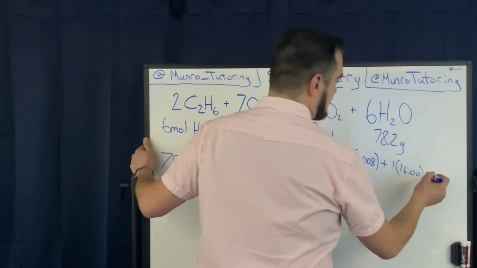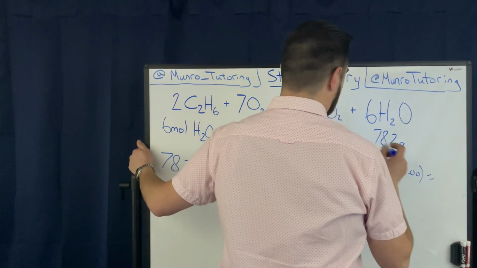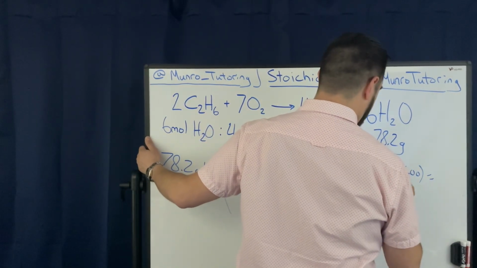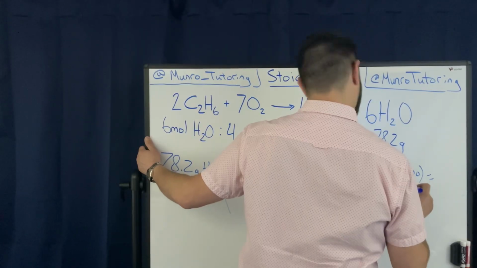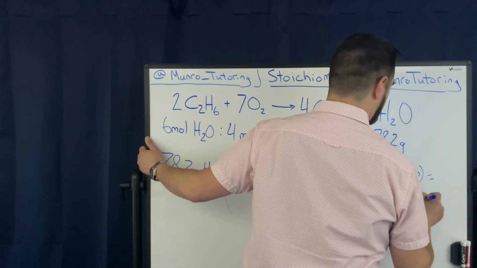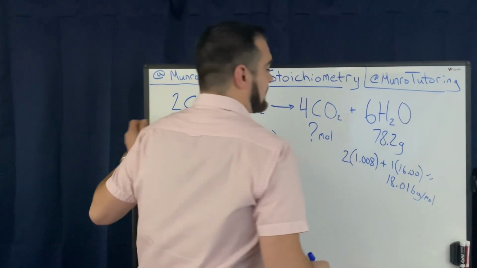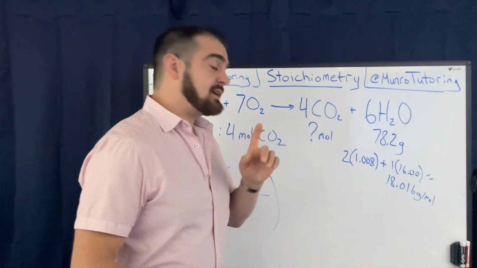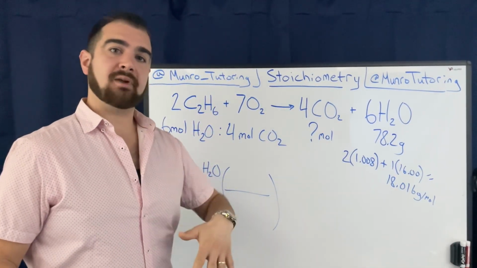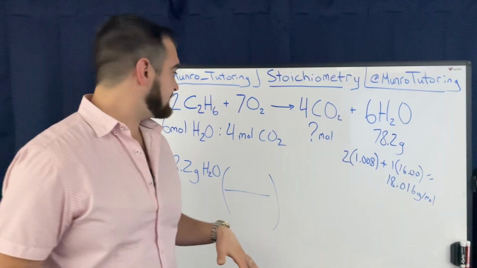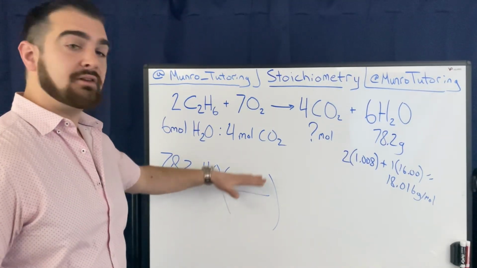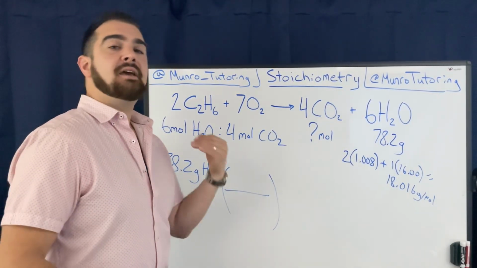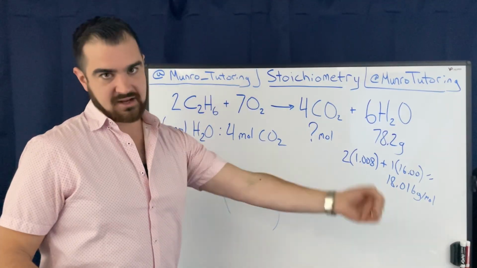And so we get, that's 16, 17, 18. Let's write this over here: 18.016 grams per mole. And now, again, I like to write the molar mass out as a conversion factor, because this way it makes it a bit more straightforward to plug into our parentheses and just do all our math via dimensional analysis.